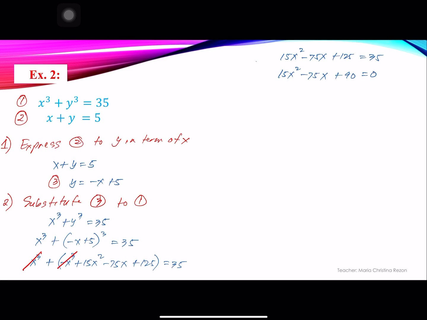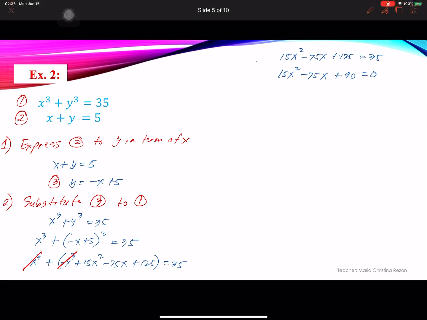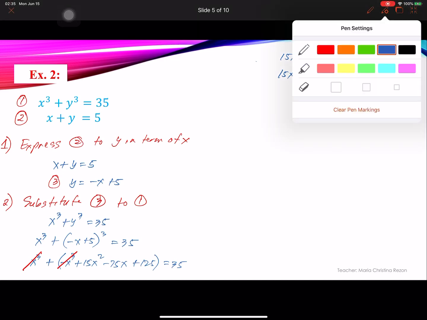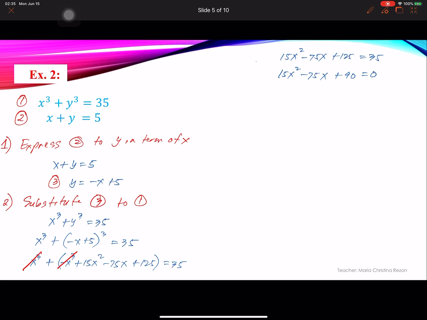And then we don't want to be dealing with big numbers here. So we get the greatest common factor, the GCF of 15, 75, and 90. And we'll try to divide the whole equation by it, so you will have to multiply that by 1 over 15.